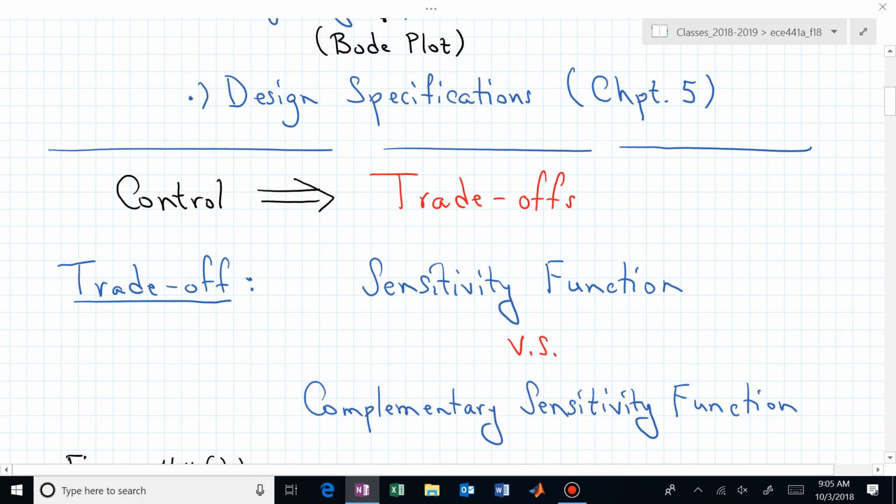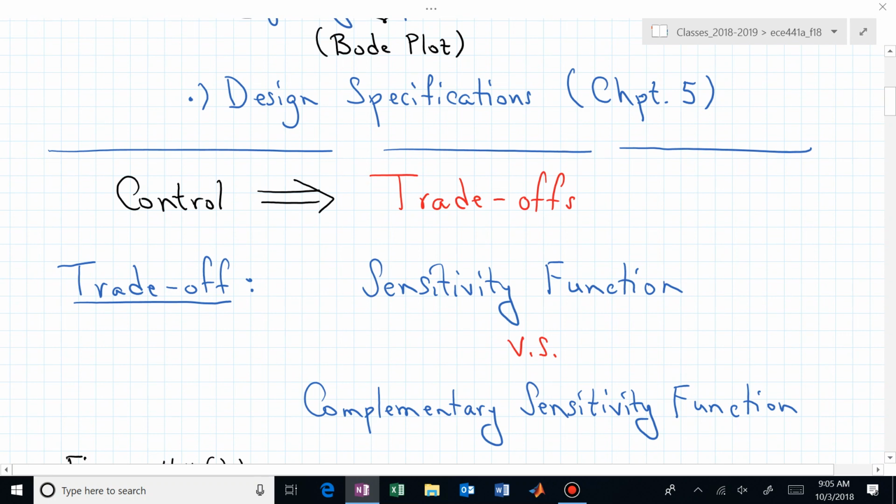As I indicated in the intro, control is full of trade-offs, and the trade-off that we are going to talk about today is the trade-off between the sensitivity function S and the complementary sensitivity function C. How do we decide how we play with those?